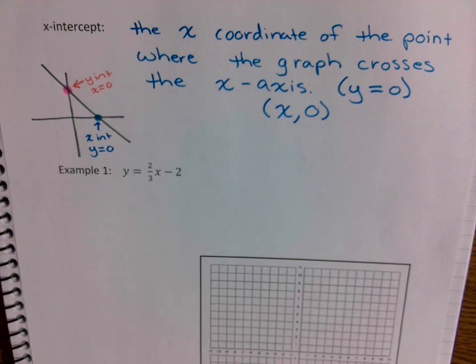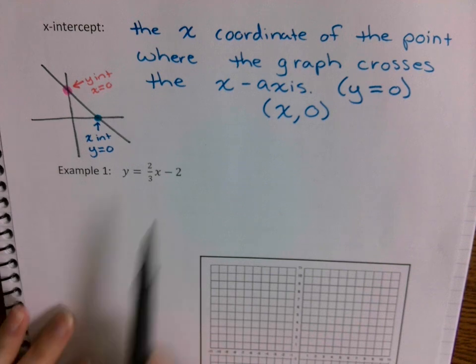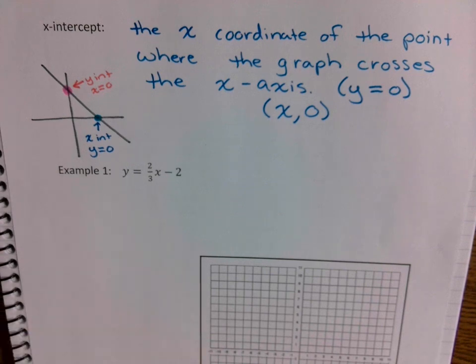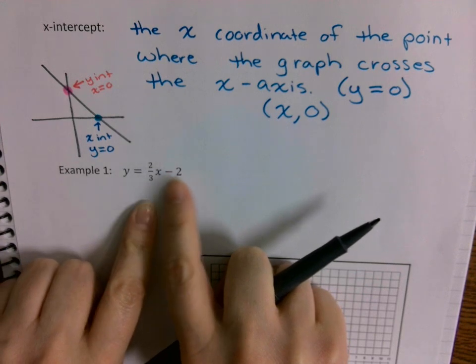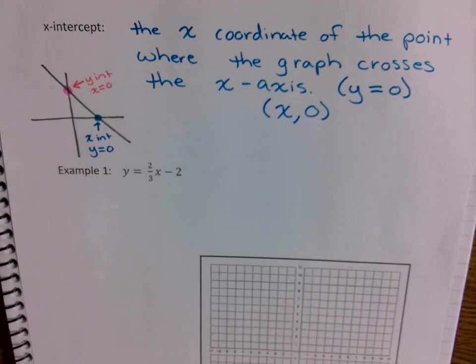Remember, if it's in slope-intercept form, which intercept do we already know, Jose? When it's in slope-intercept form, which intercept is already given to us? The y. The y-intercept is already given to us by that plus or minus b. That plus or minus b value is already one of your intercepts.